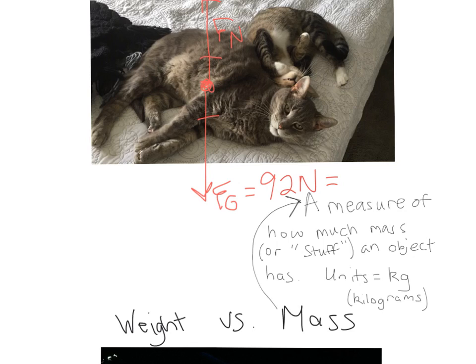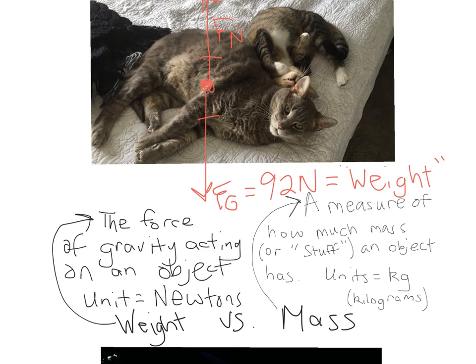That would be the same thing as his weight. As weight is the same thing as the force of gravity, weight also has the units of newtons. It's just another way of saying force of gravity on an object.